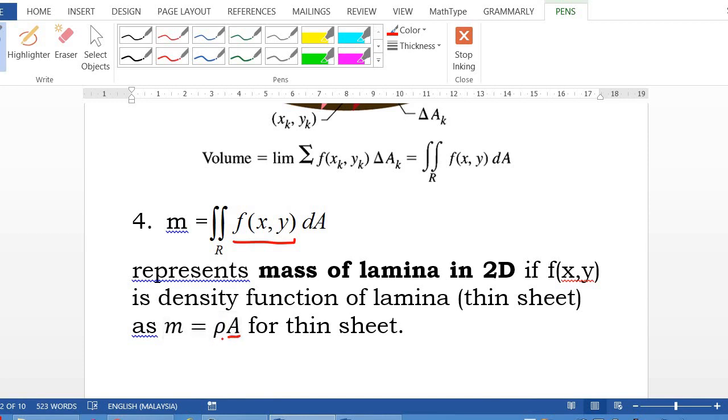If the lamina had a constant density rho, the mass would be the density times the area. However, the density here is non-homogeneous, so it becomes the double integral of f(x,y) dA over the region R. So if f(x,y) represents the density function, this represents the mass of the lamina in 2 dimensions.